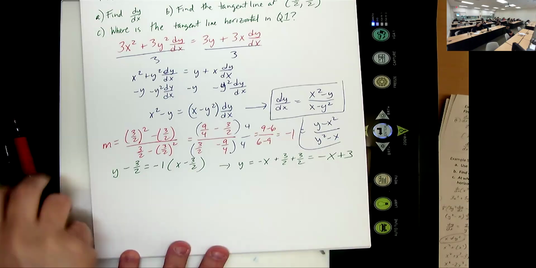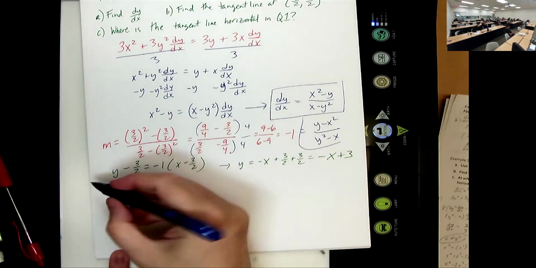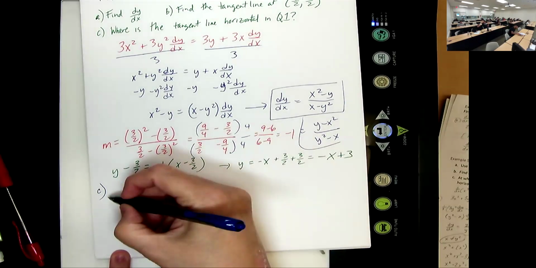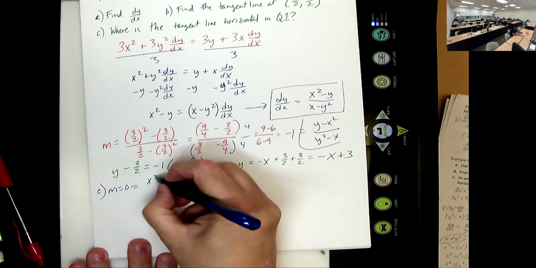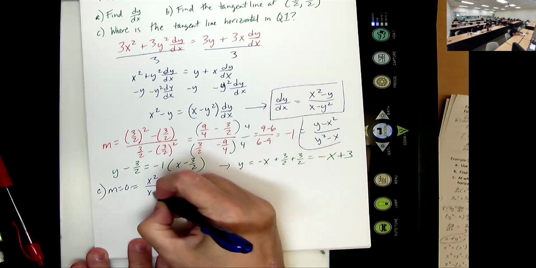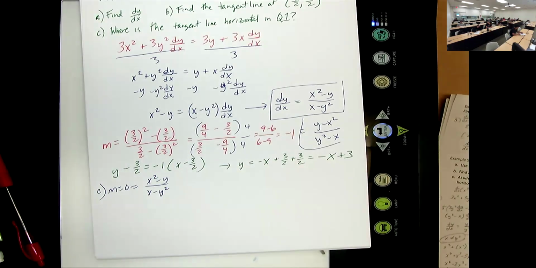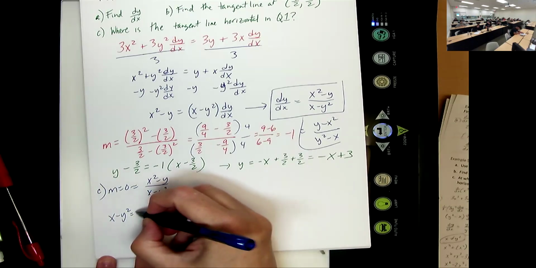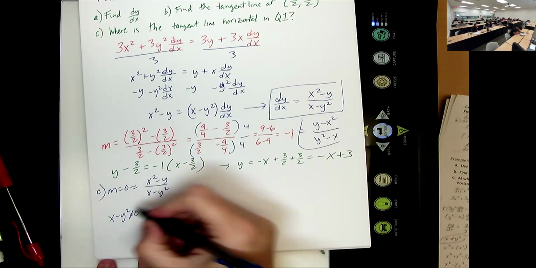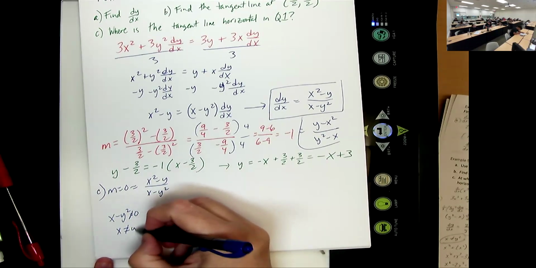All right, where's that tangent line horizontal in Q1? Part C, that happens when m equals 0. And that's our dy/dx, so x squared minus y over x minus y squared. We don't want x minus y squared to equal 0, so x shouldn't equal y squared.